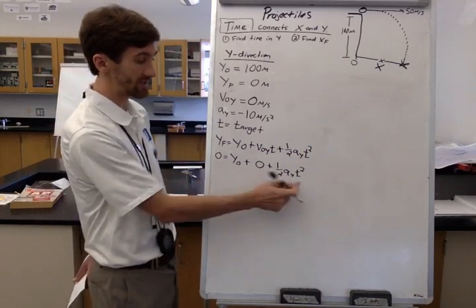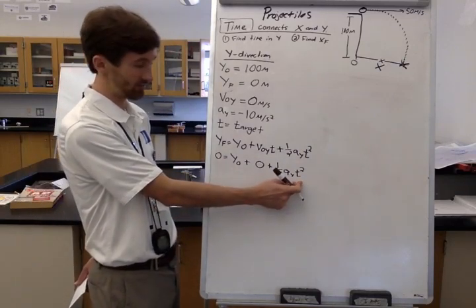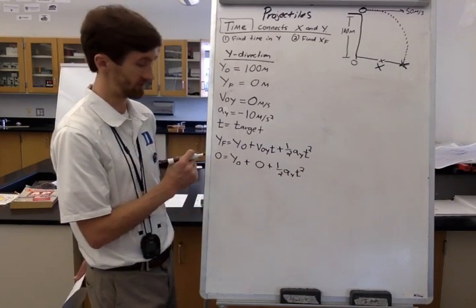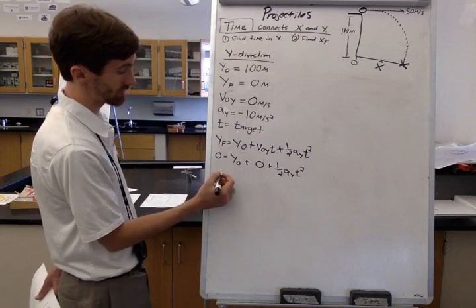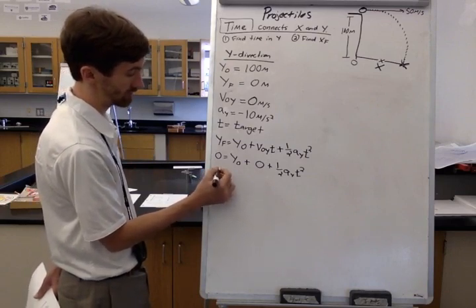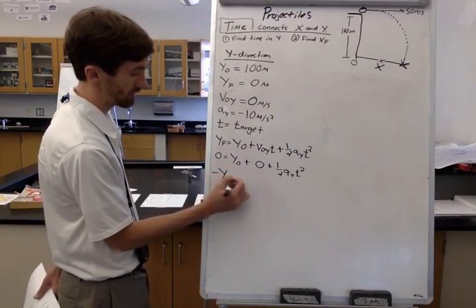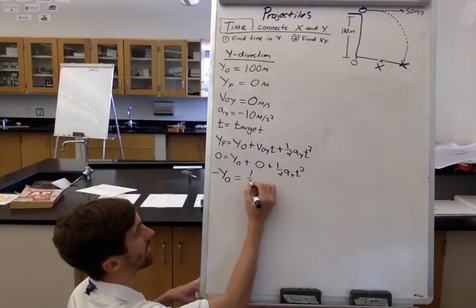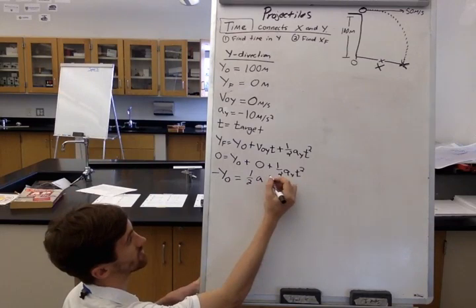Now I'm trying to get time by itself. So I've got to first subtract this initial position to the other side. So I'm going to have negative initial position equals 1/2 acceleration times time squared.